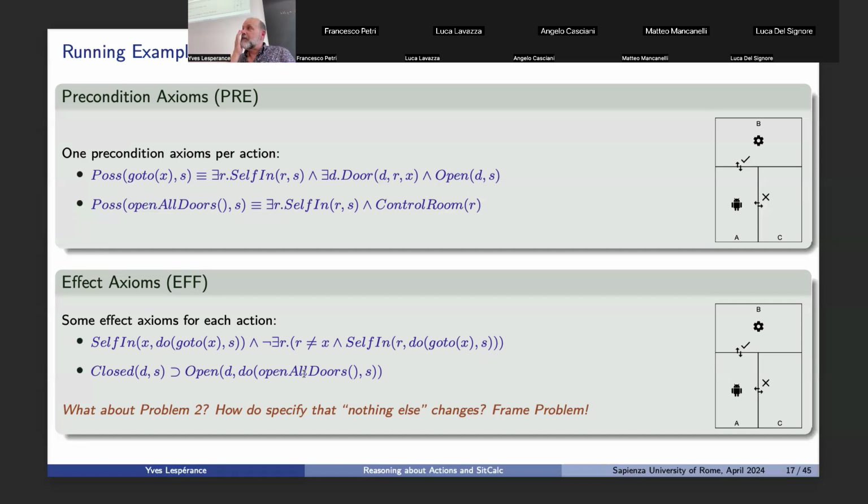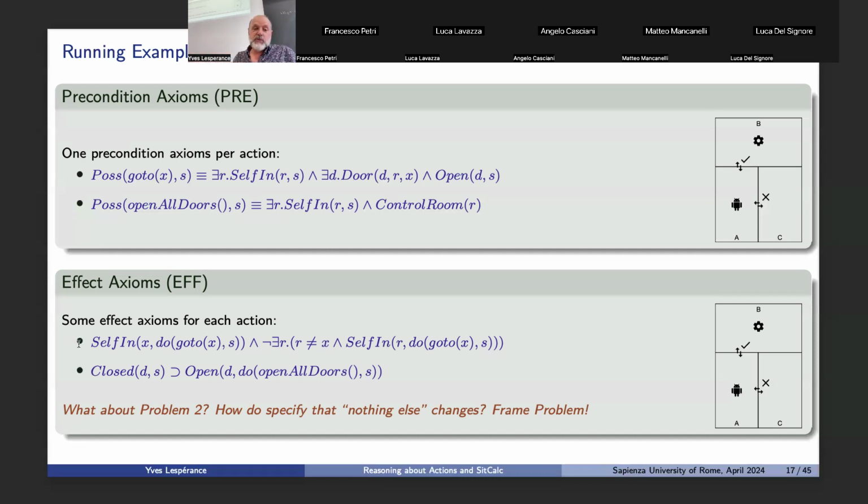It doesn't say that you don't get new doors appearing. Similarly, this effect axiom for goto doesn't say that goto does not affect whether the doors are open or closed, and whether you have doors between some room or not.